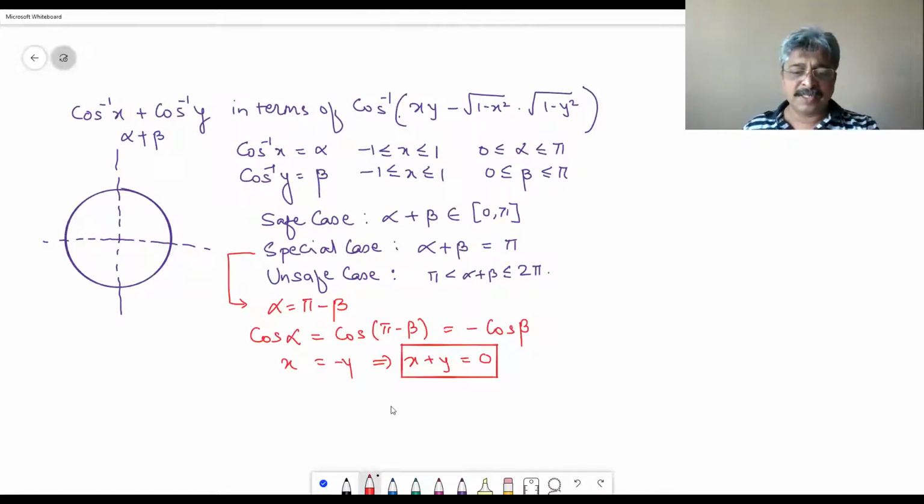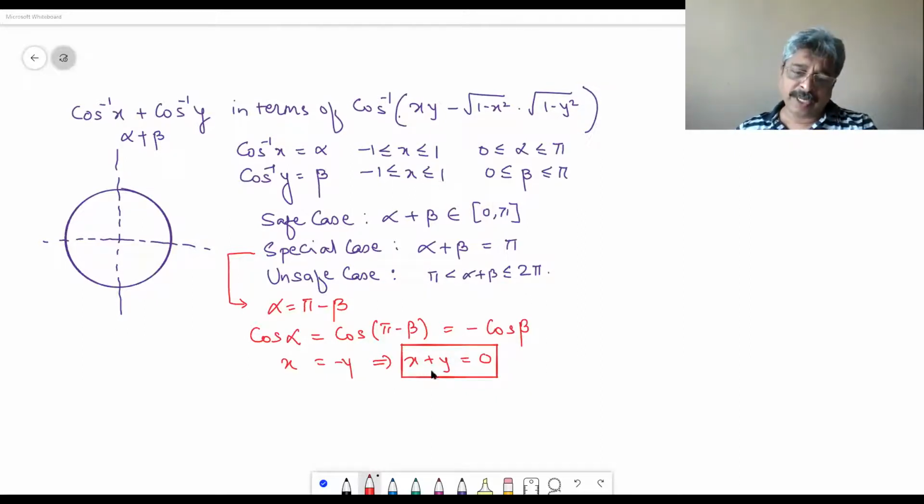If x plus y is equal to 0, then the summation of the angle will lie on pi, and the answer of course is going to be minus 1. If you take cos of alpha plus beta, then it will be minus 1. Right? Is this an easy way of getting the discriminating condition?